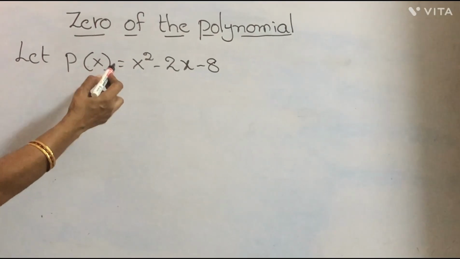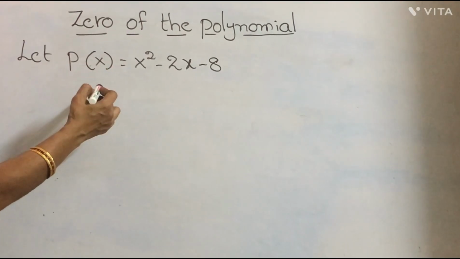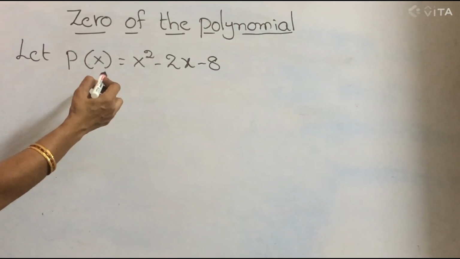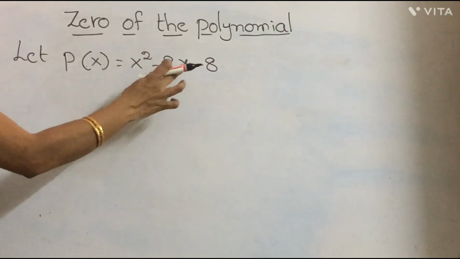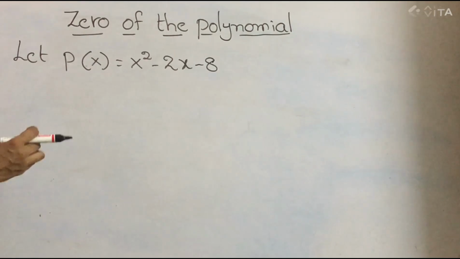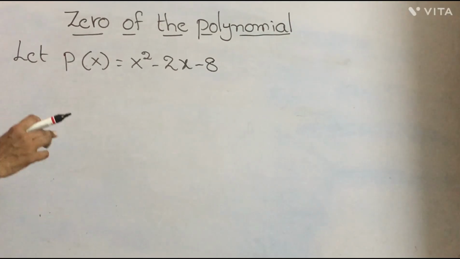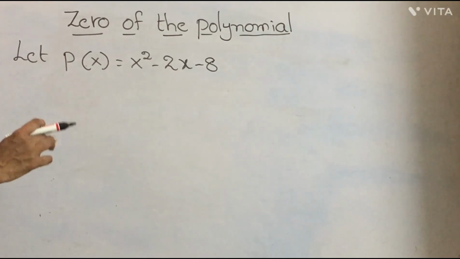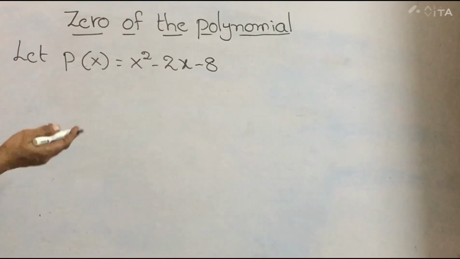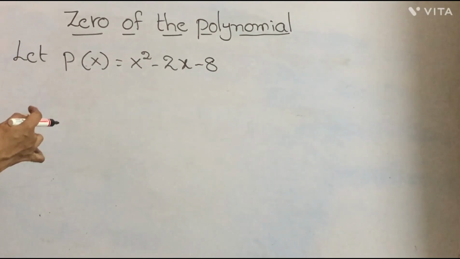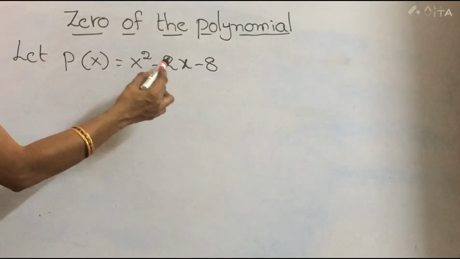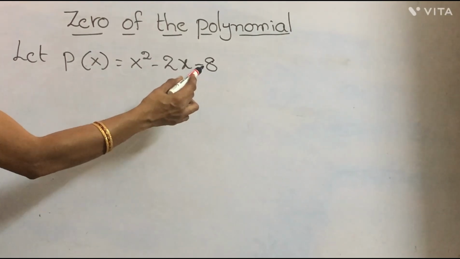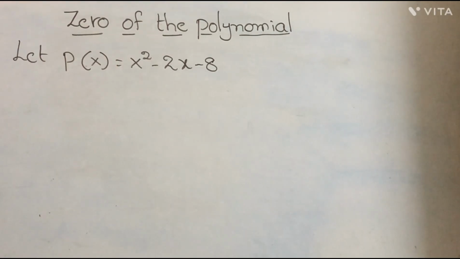A polynomial whose degree is 2, that many zeros that polynomial has. So here it has at most 2 zeros. Sometimes a quadratic polynomial may have 1 zero and may not have zeros also. Okay, now we are going to find the zeros of this quadratic polynomial.